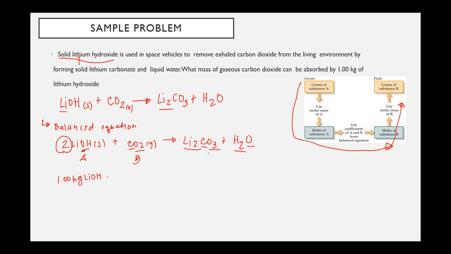We use the molar mass of A. We know that the unit of molar mass is grams per mole. So, let's convert first into grams. So, 1 kg is equal to 1,000 grams. Then we divide it by the molar mass of A. So, lithium hydroxide molar mass is 23.94 grams per mole.